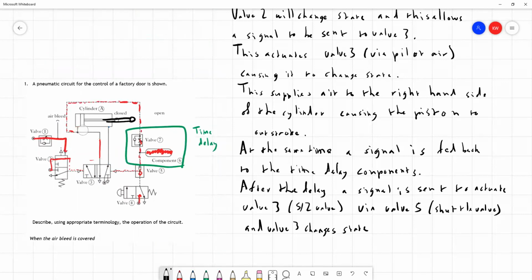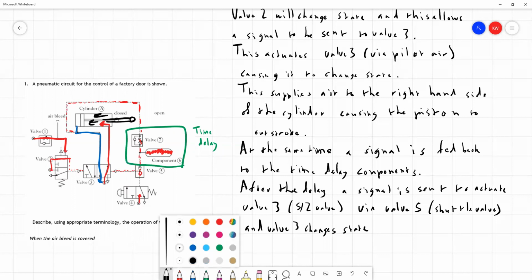Again, we shift back to the original setup here, and what will happen is that air is now flowing in this side again. If we switch back onto this box, the air is coming in this way, the air is going to be exhausted out this way, and it's going to cause the piston to instroke. I'm not going to say all that, we've kind of said a bit about that already.